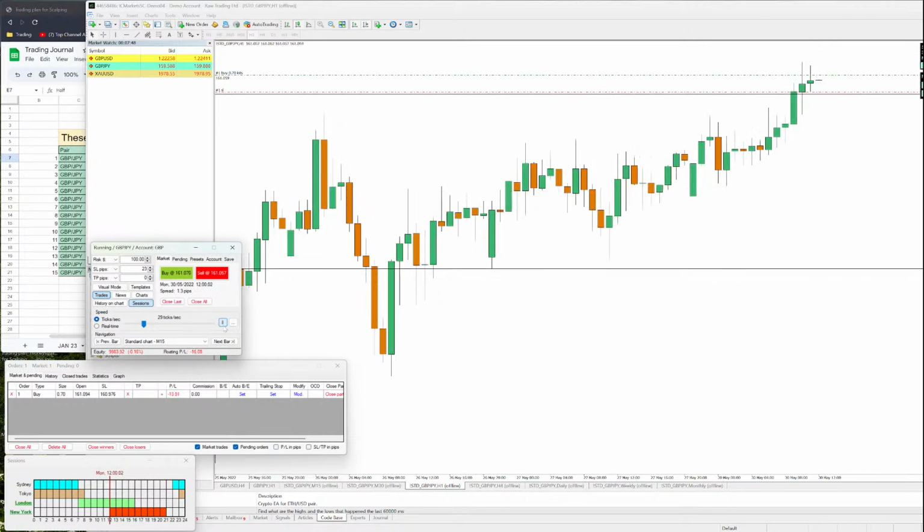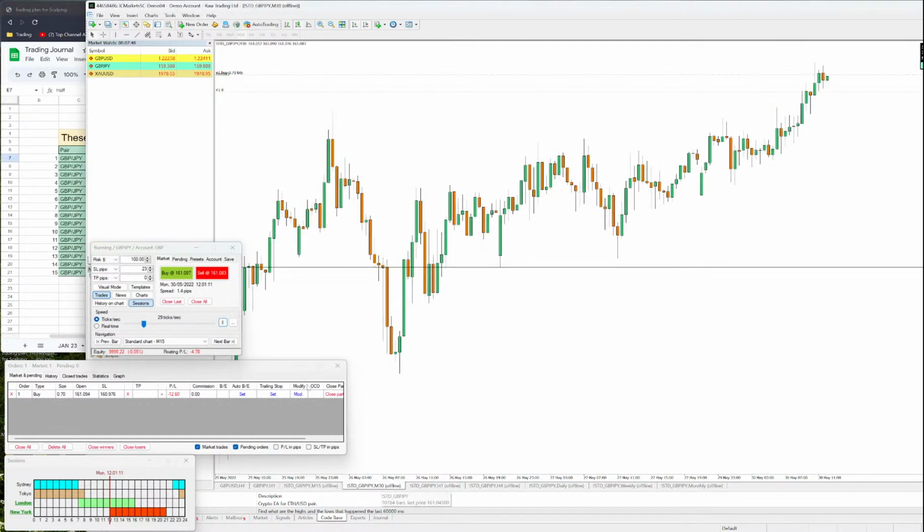But you see there is quite a bit of weakness in the 30-minute also. So I don't see this trade actually playing out unless we have a very big push on New York, which I don't see happening because we failed to break this initial push.